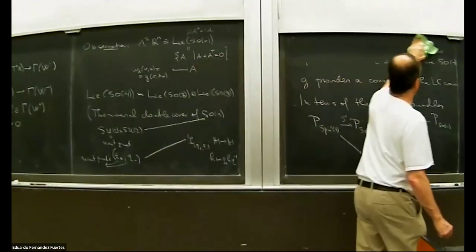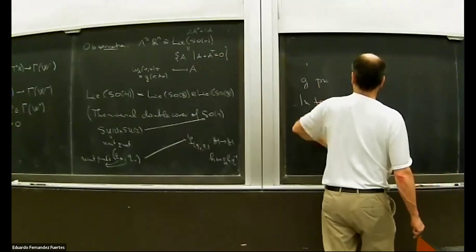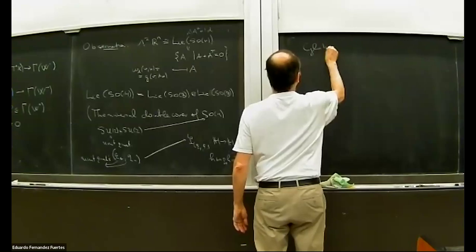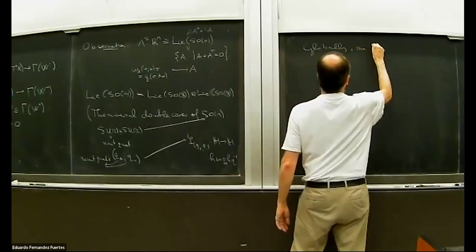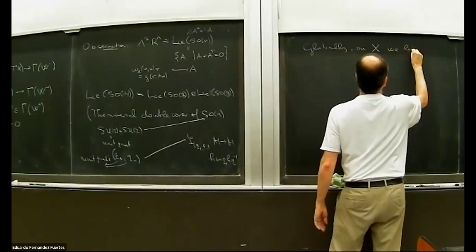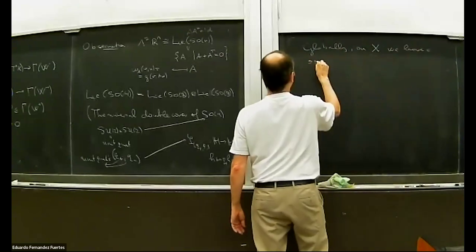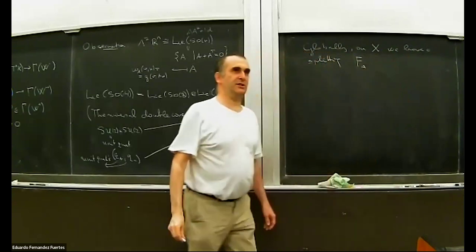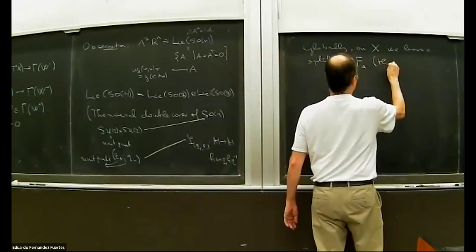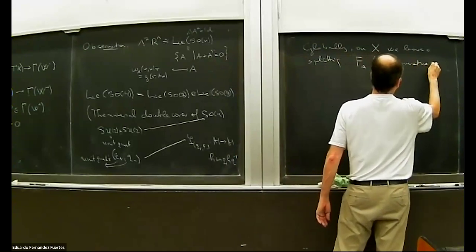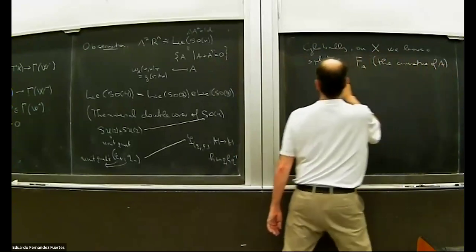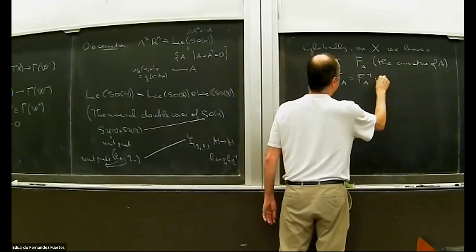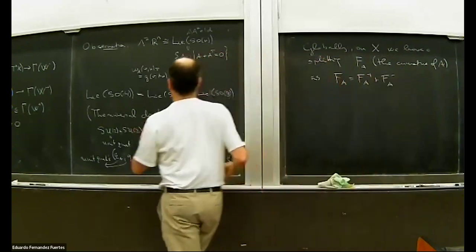So globally on X, we have a splitting of F_A, which is just the curvature of A, as a positive and a negative part, or a left or right, it doesn't matter.